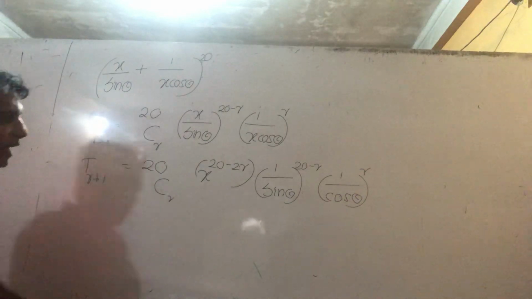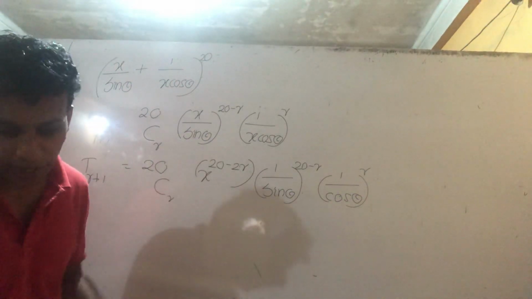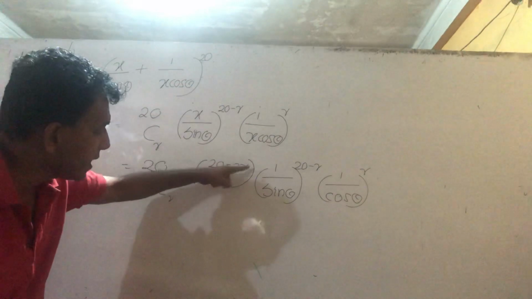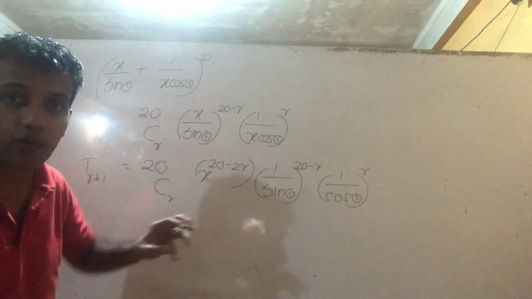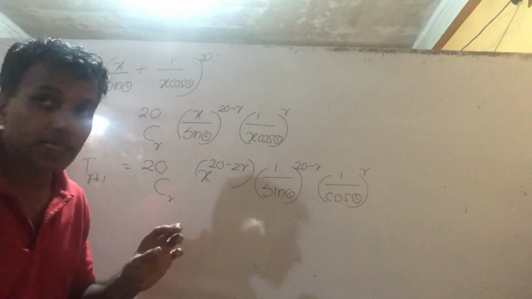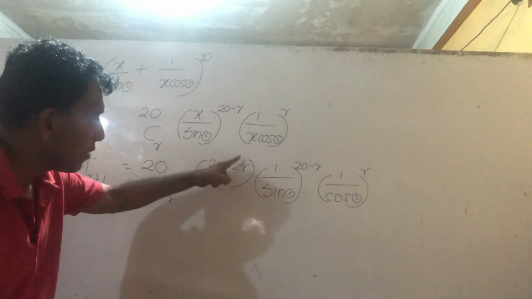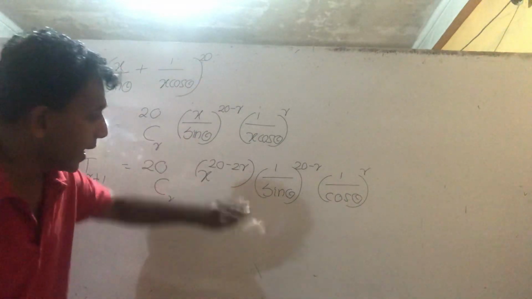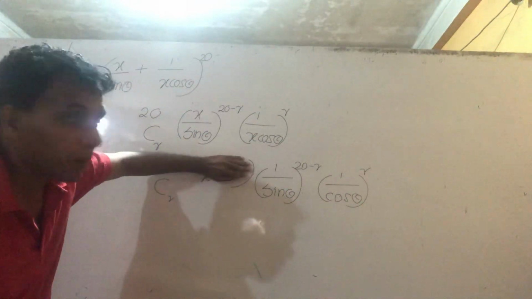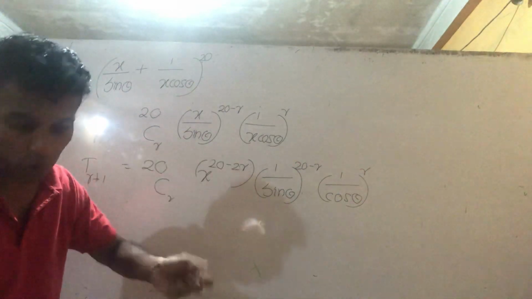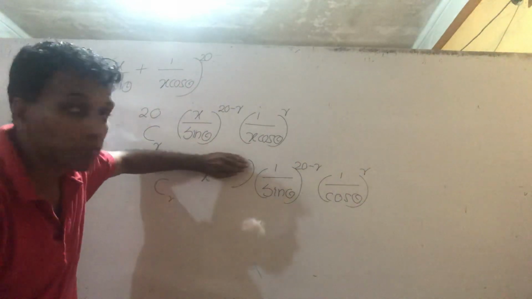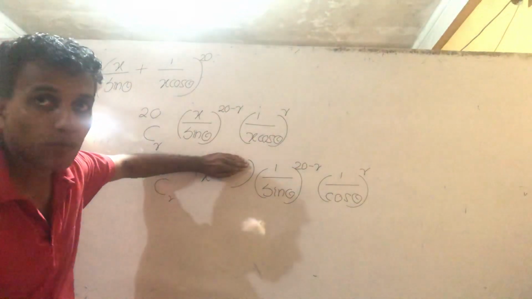Therefore, I need x to the power 2, x square, which completely becomes square. I want to find r. Which term belongs to the power of x becoming 2? X square is 2, so this becomes 2, right? Find the r value. Later, this becomes minus 2, and find the r value.